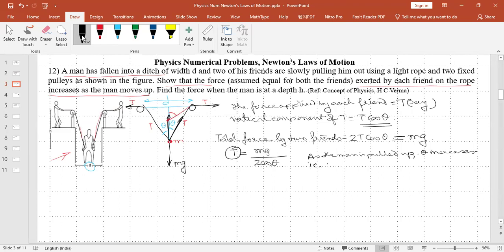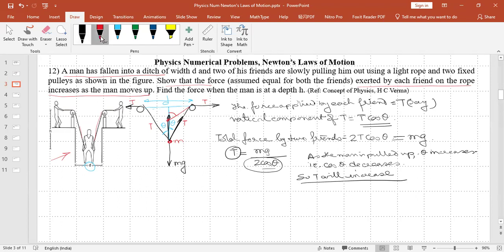Theta increases, that means cos theta decreases. Now look at this: cos theta is in the denominator. So if cos theta keeps on decreasing, then the value of T will increase. That means as the man is pulled up, the force exerted by each friend will be more and more.